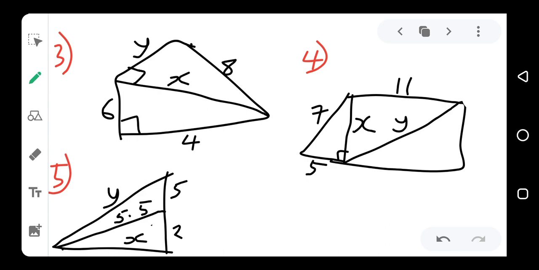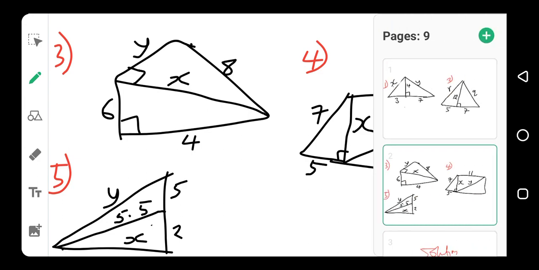Let me see how it looks. Okay, now let me draw. Okay, so we have something that looks like number 3. It looks this way, this way, this way.